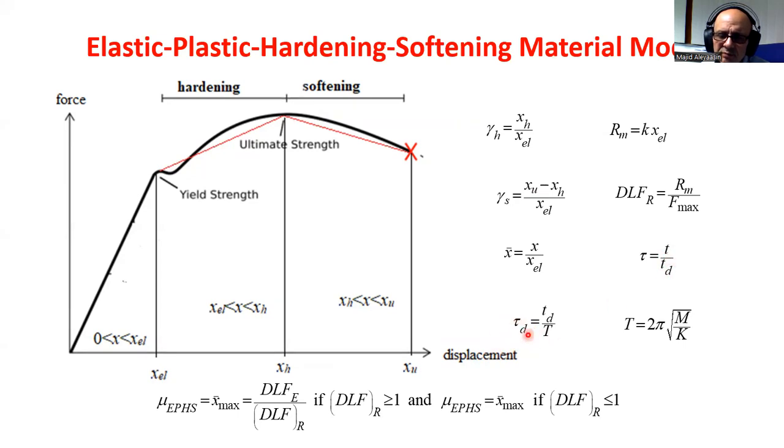And this important parameter is the ratio of the duration of the pulse to natural period. This natural period is substantially important, such that if we cannot calculate this natural period for any structure, we cannot do SDOF. This is a lengthy procedure, but it should be done. It should be done to see how high fidelity models are behaving.